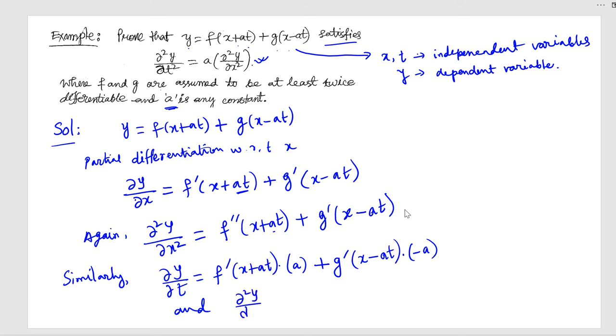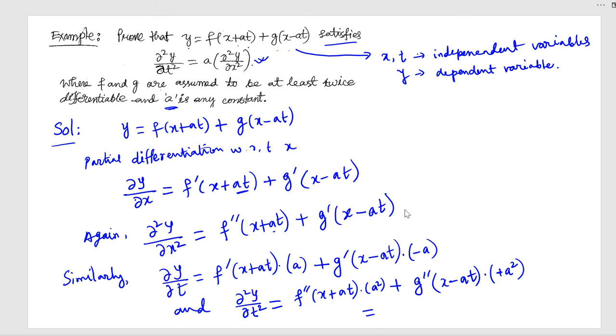and del 2y dt2, sorry, del t2. So this is going to be f double dash x plus at into a square plus g double dash of x minus at into, which is again minus of minus, it becomes plus, so a square.